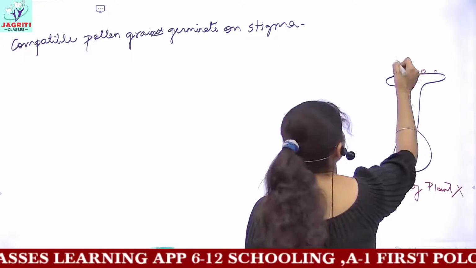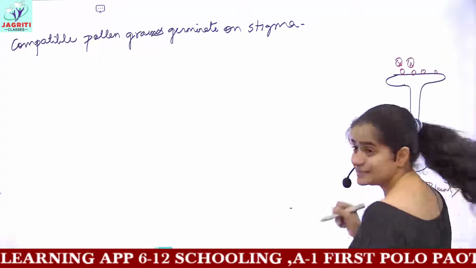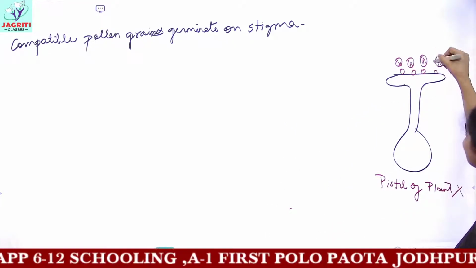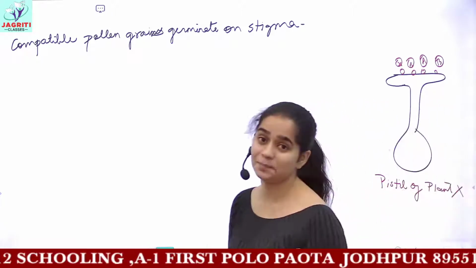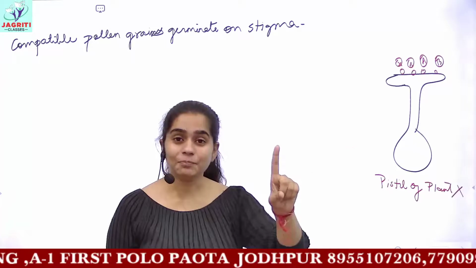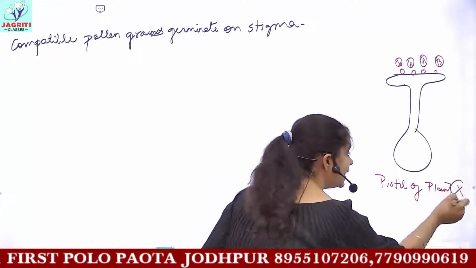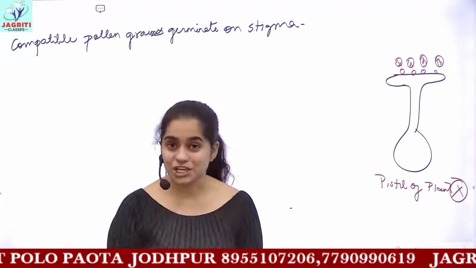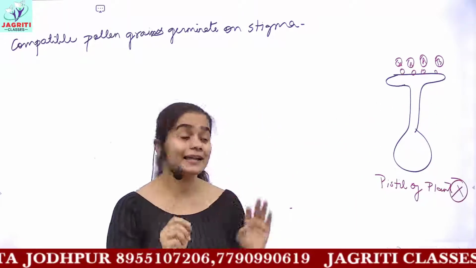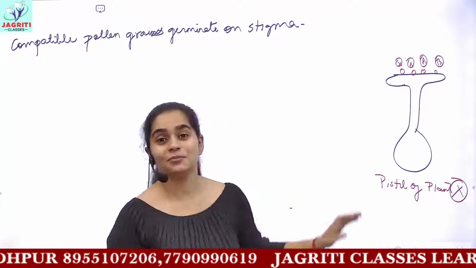Some belong to plant X, while the rest belong to different plants, that is plant A and plant B. Only the pollen grains belonging to the same plant, plant X, would undergo germination. Other pollens would not be permitted by this stigma to undergo germination.